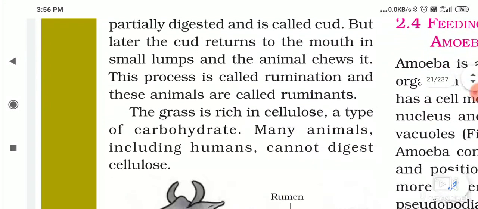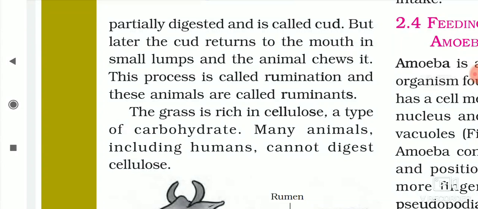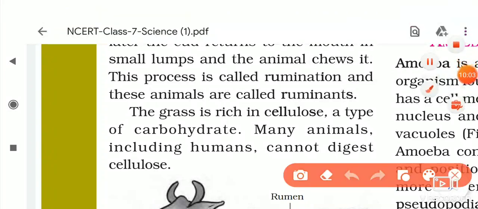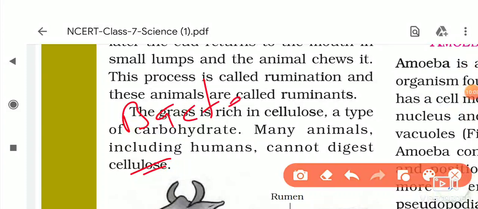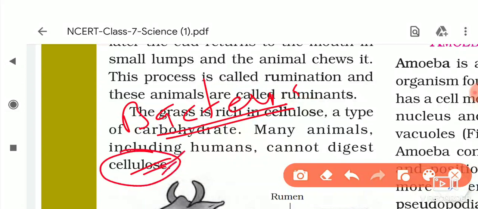Okay, then grass is rich in cellulose, a type of carbohydrate that many animals including humans cannot digest because we don't have the bacteria that digest cellulose. See, humans cannot digest cellulose, but it is important in our diet as a fiber.